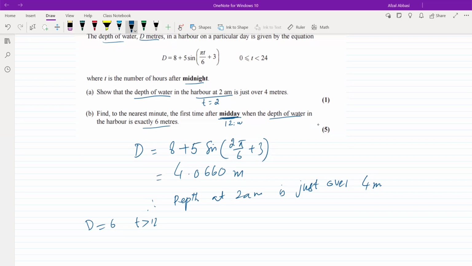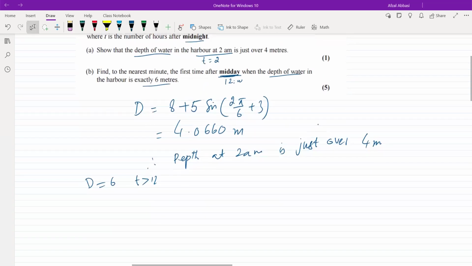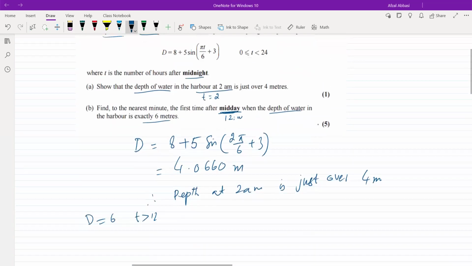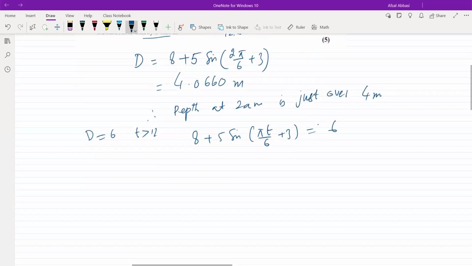We have to find the value of t by solving this equation. So what is the equation now? We replace D with 6. So it will be 8 plus 5 sine of pi t over 6 plus 3 equals 6. Now rearrange it.